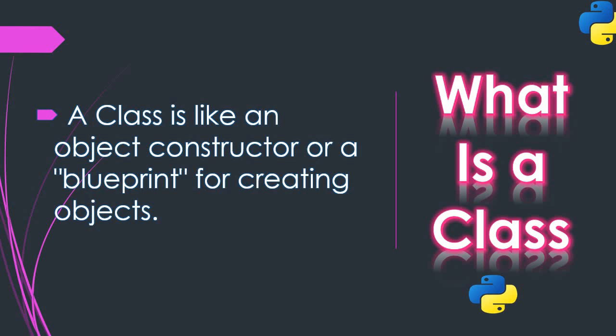In our real world, civil engineers create a blueprint of a building. Then according to that blueprint, they create an object like a building or a house. Same like that, we create a class, a blueprint, in our programming, and using that blueprint, we create objects.